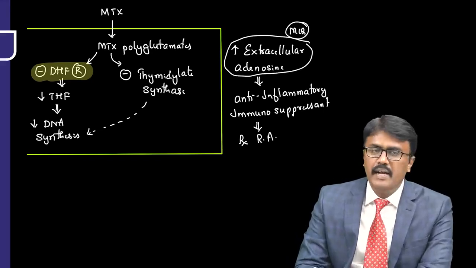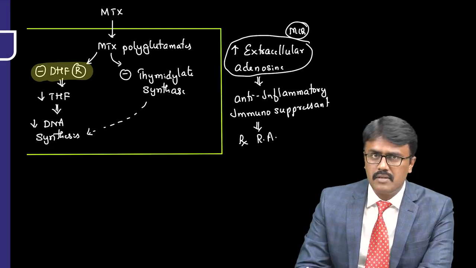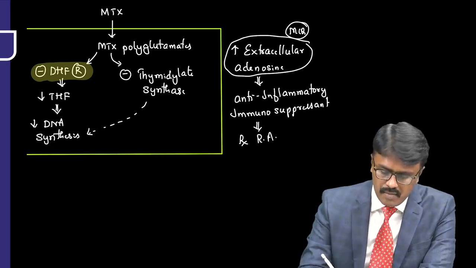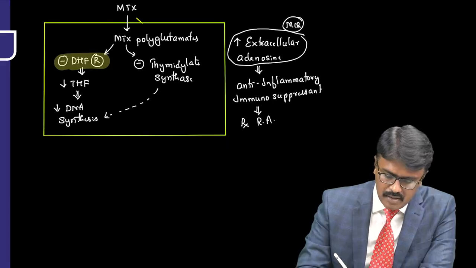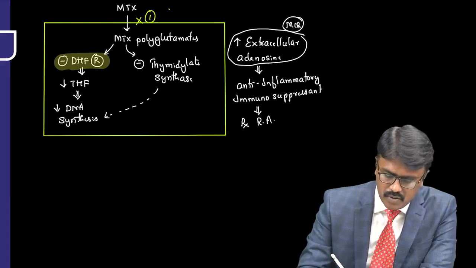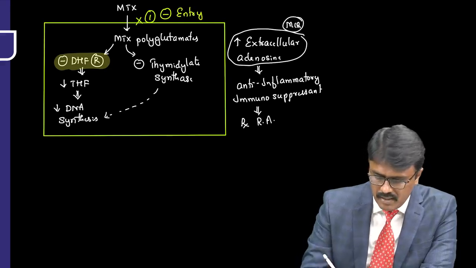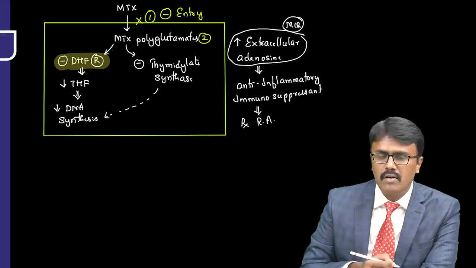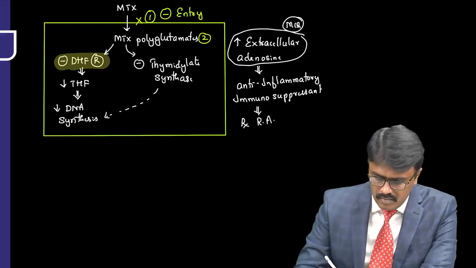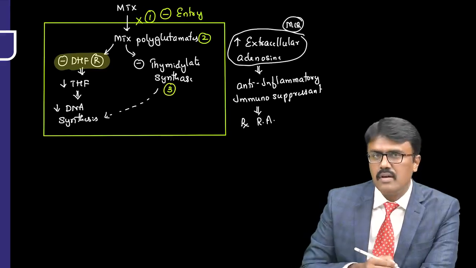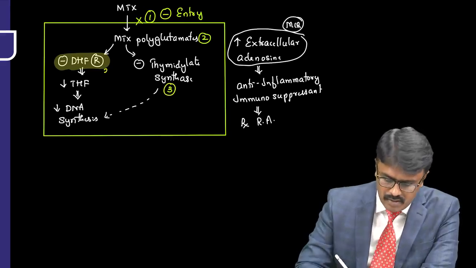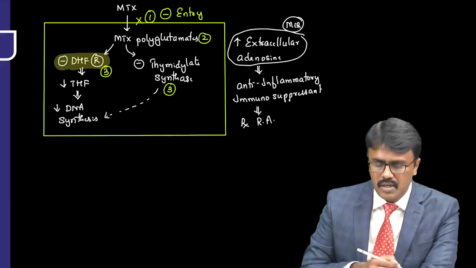Now I told you anti-cancer drugs can become resistant. How can methotrexate become resistant? Number one, methotrexate will not be allowed entry, so the drug entry is inhibited. Second mechanism, the polyglutamates are not formed. Third mechanism, the enzymes will not bind methotrexate because they become mutated.